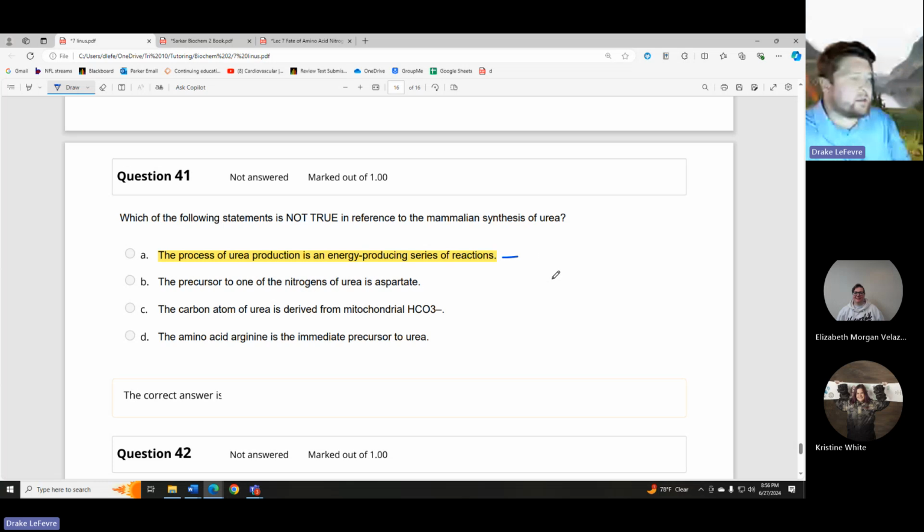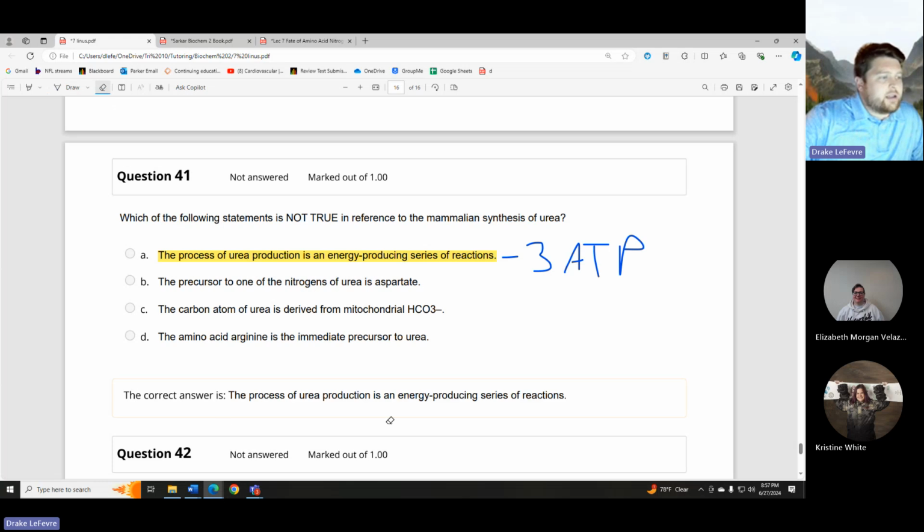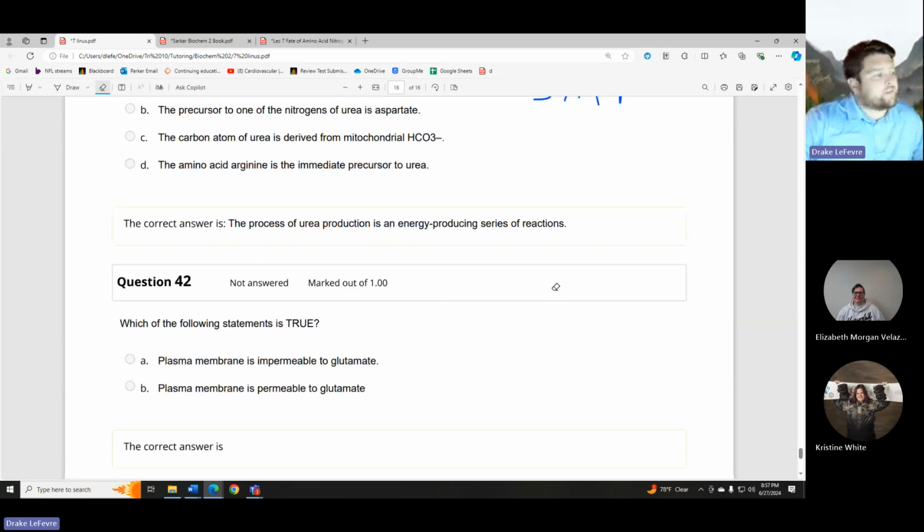It is not, because how many ATP total do we use during the full cycle? We use 3 ATP, but we don't produce any NADH, FADH, or anything else like that that would offset the ATP that we use.